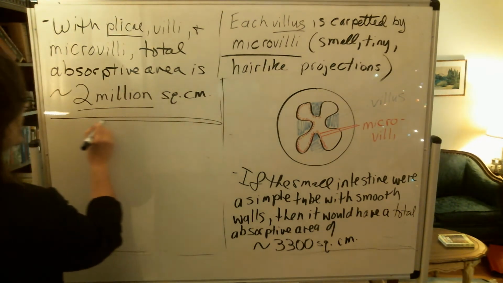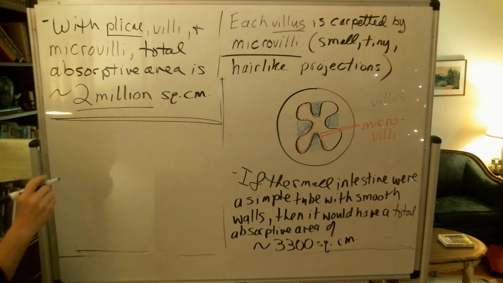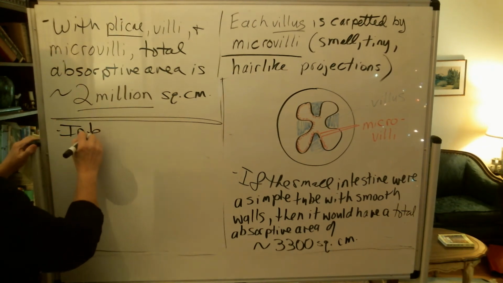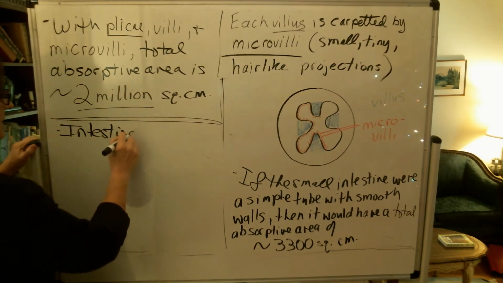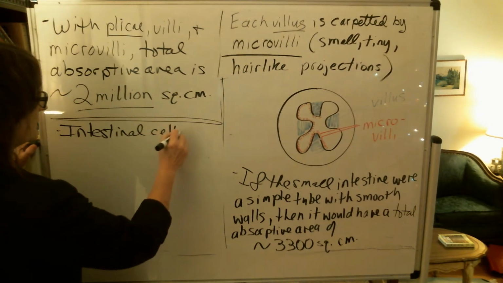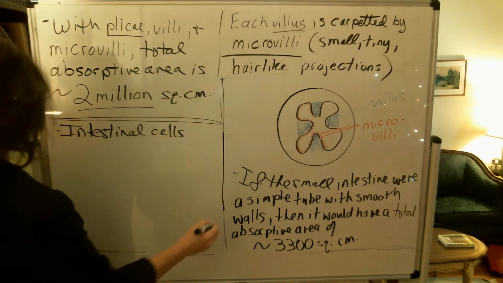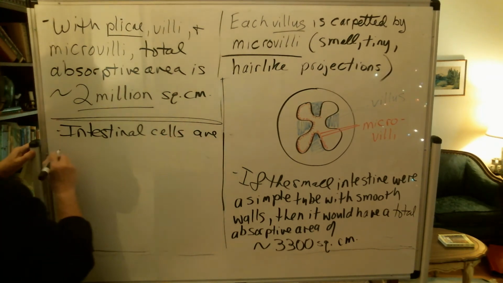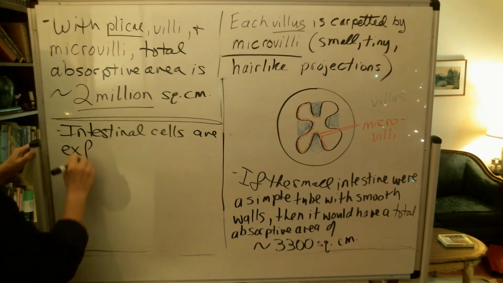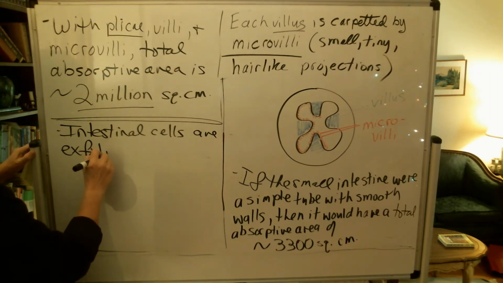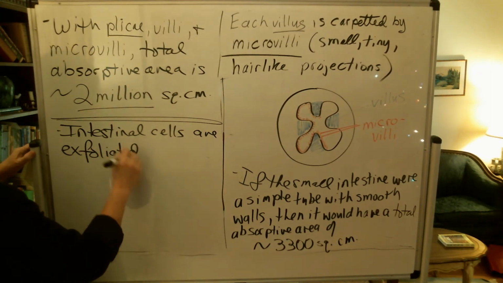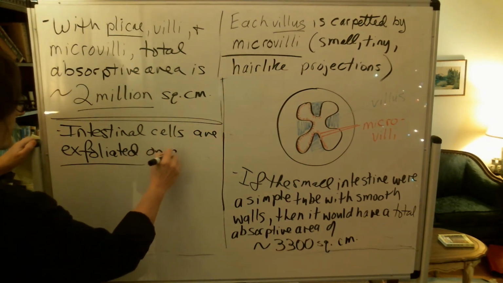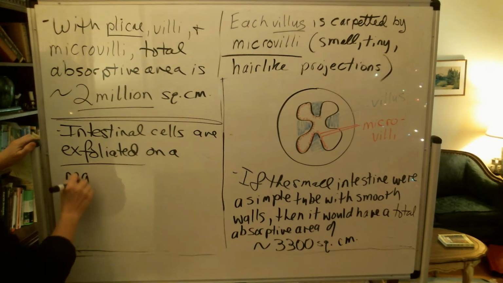Now, a few other things that you need to know then about the interior of the small intestine. We have intestinal cells there, of course. So the intestinal cells then are exfoliated, basically sloughed off, on a regular basis.